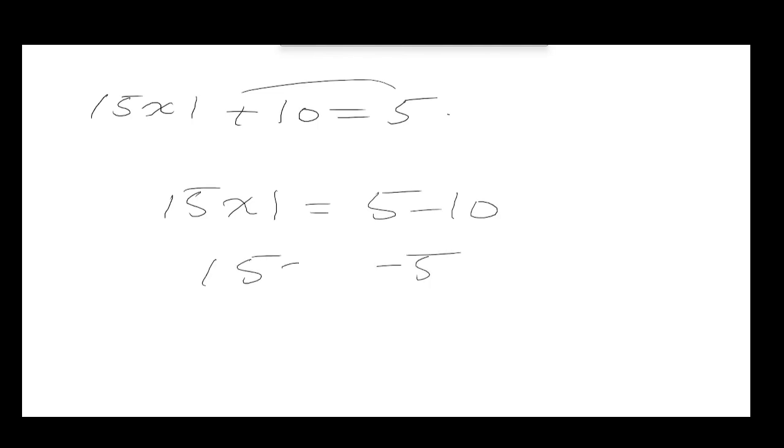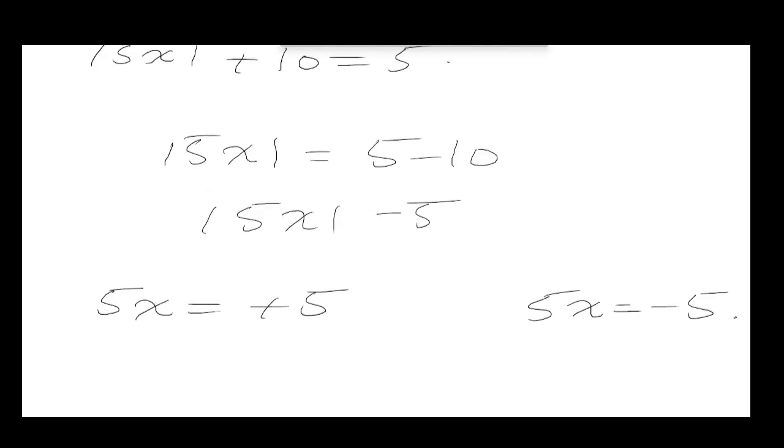So now when the sign is changed, this results in 5x being equal to positive 5, and then 5x being equal to negative 5. Okay, so now 5x is equal to positive 5. 5 will be divided on both sides, so x is equal to 1, and in the case of the other, x will be equal to negative 1.